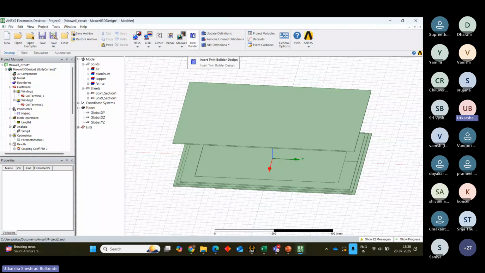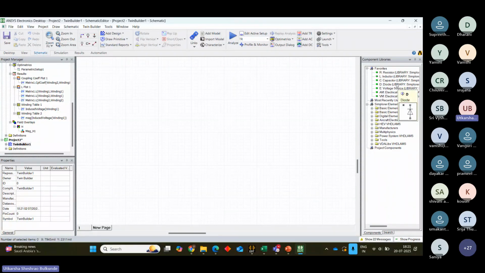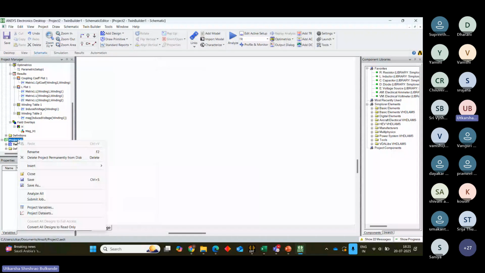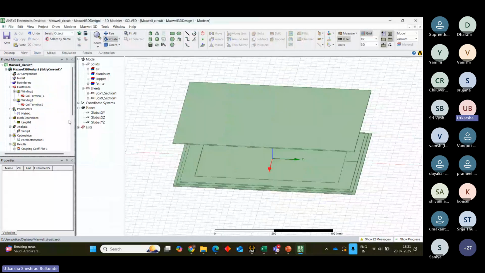In the latest version we call it Simplorer. So Simplorer and Twin Builder are one and the same thing. Here also you can simulate your circuit, and here you can use switches like MOSFET and IGBT. But we are not doing this. This is something advanced, so for now you don't need to know this. If you just want to see the output variation, you can do it by using sources and passive elements. So within this circuit, we will do that.